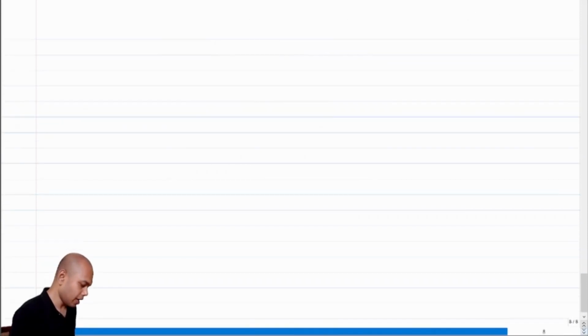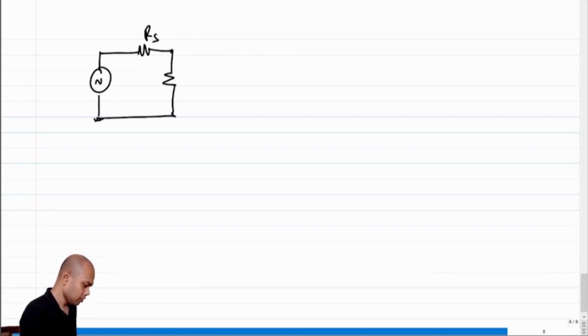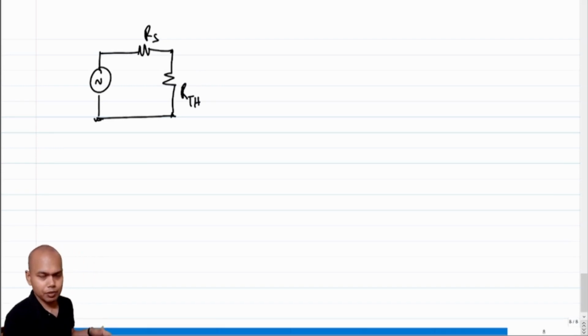So if we assume that, what does our small signal model of the common source amplifier reduce to? So this is RS. This is RTH, R Thevenin, which is R1 parallel R2.